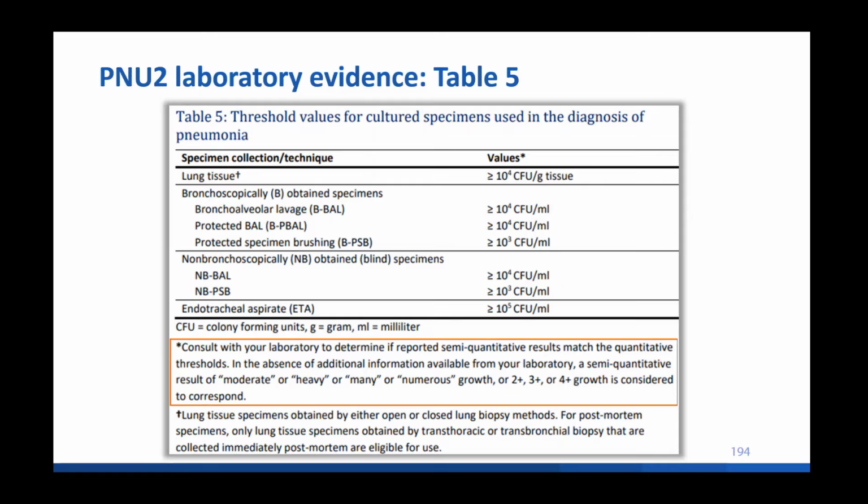So for example, if the culture result simply identifies E. coli, the laboratory requirement is not met. The culture result must specify an eligible quantity, such as greater than 100,000 CFU per mL of E. coli from an endotracheal aspirate specimen, or an eligible semi-quantitative result, such as 4 plus E. coli or many E. coli.